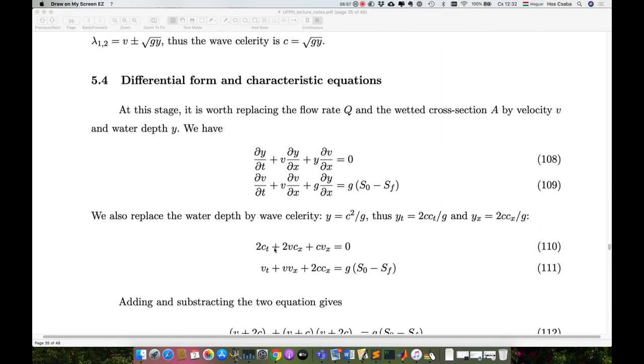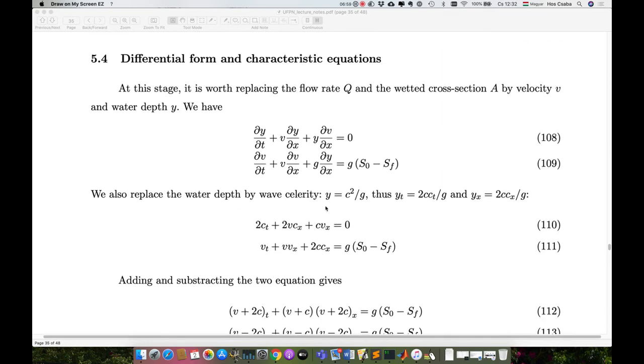And then what you do is that you replace the water depth. This is a crucial step. You replace the water depth by wave celerity. So whenever you see the temporal or spatial derivative of y, you have to write the temporal or spatial derivative of this thing, which is 2c c_t over g.